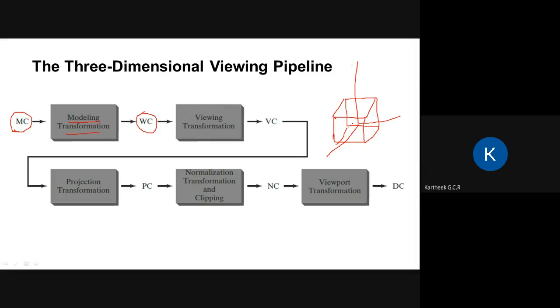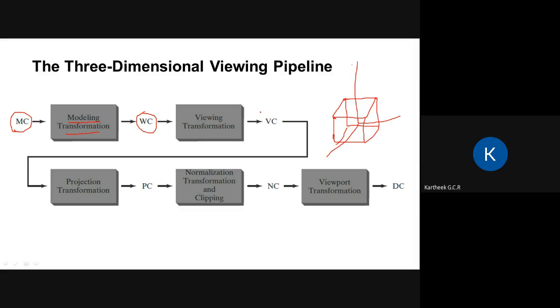Each point will get a coordinate position with respect to the origin of the world coordinate system. So you transformed the model, which was defined in its own dimensions, with its own properties, probably proportionately, into world coordinates. It will get a position in the world coordinate system.